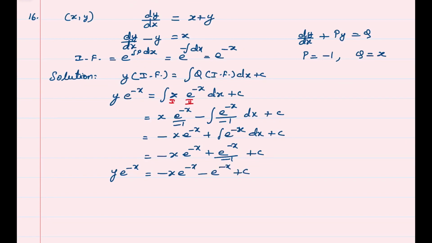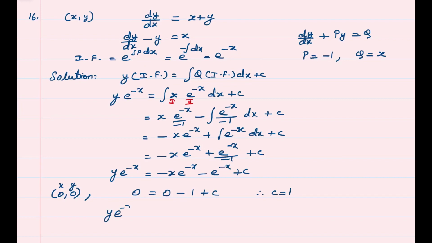this is the general solution, and it is given that it passes through the origin. When x is 0, y is 0. Let us substitute 0, 0, e raised to 0, which is 1 plus c. Therefore, c value is 1. We will write the particular solution.